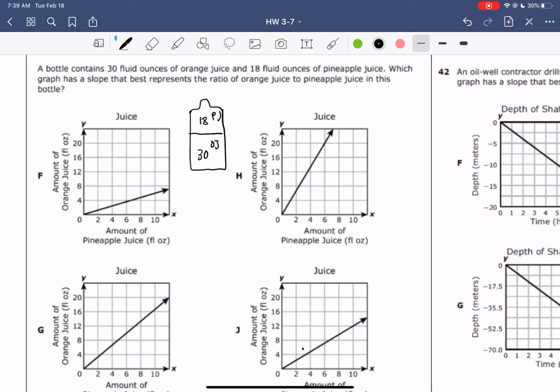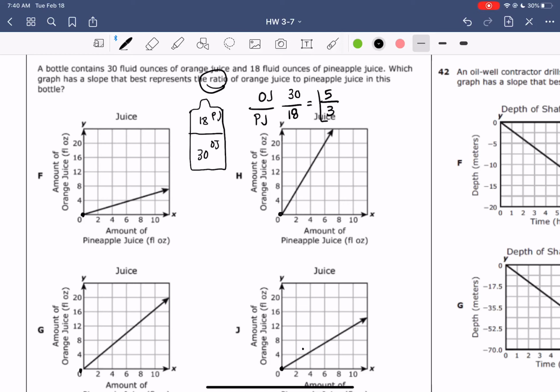So we're looking for a ratio of OJ to PJ. So OJ is going to be 30, and PJ, pineapple juice, is going to be 18. And then if you simplify that, we can simplify that to 5 over 3. So, again, this is a proportional because they all start at the origin.